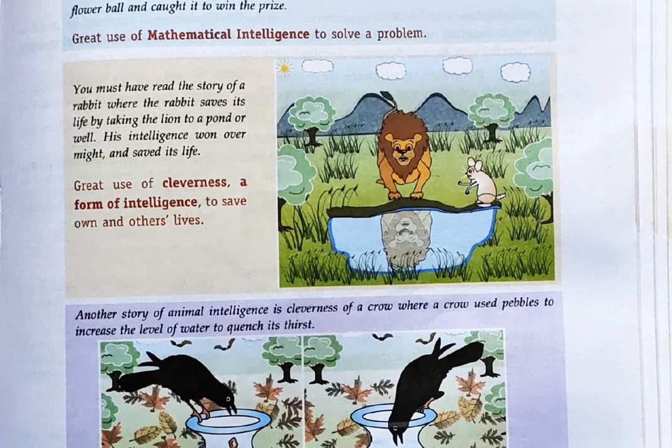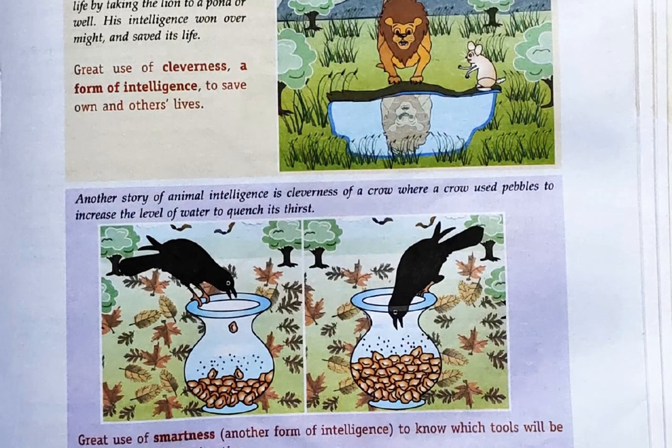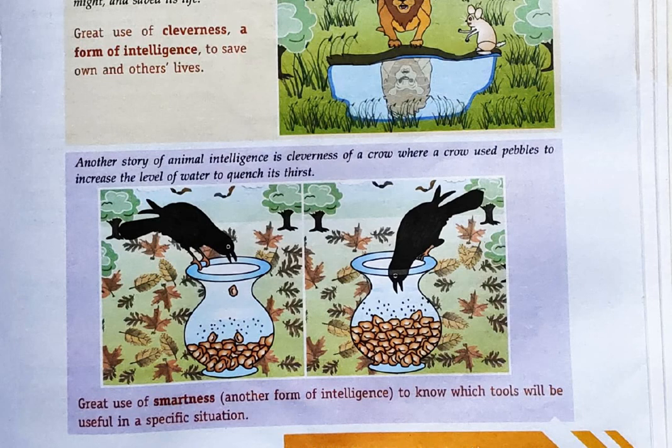Similarly, the very old story of the thirsty crow is also an example of smartness, another form of intelligence. So, like these stories, we also apply different forms of intelligence in our lives.